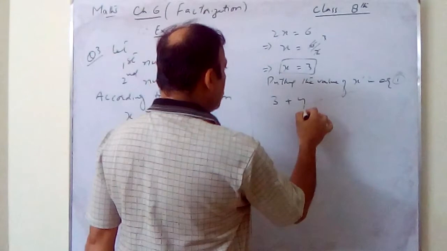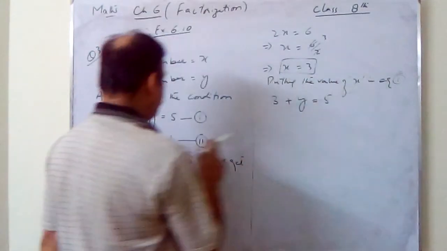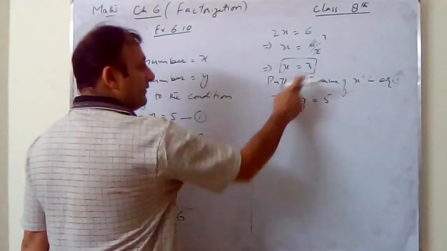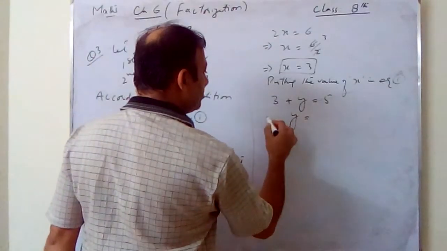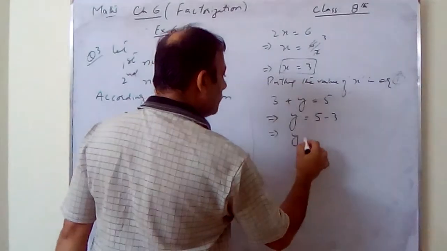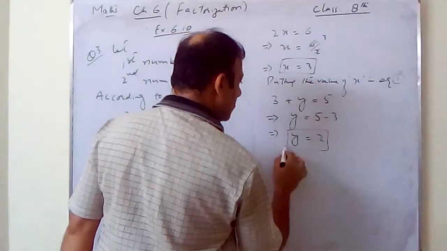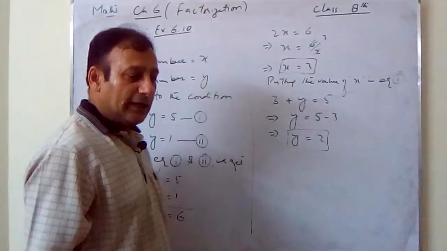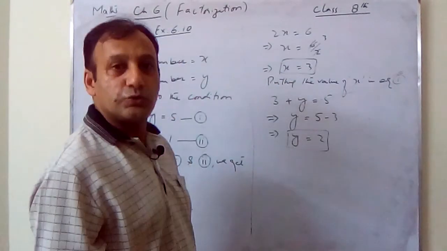3 plus y is equal to 5. X, we have 3. So y is equal to 5 minus 3. So x value is equal to 3, y value is equal to 2.